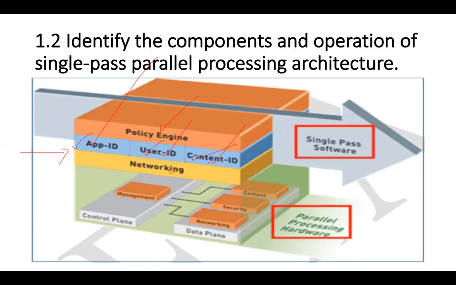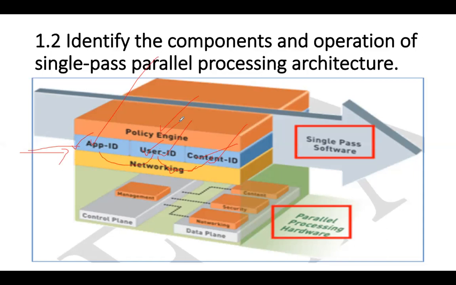So in single pass, first the packet enters and the application is examined, then the traffic is forwarded to user ID, where user ID is checked, and then the same traffic is forwarded to the content check. Apart from that, it checks the networking: do I know where I have to forward the packet, per all the policy that we have configured.